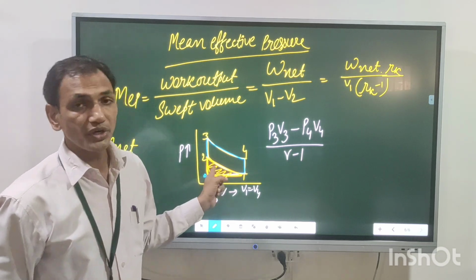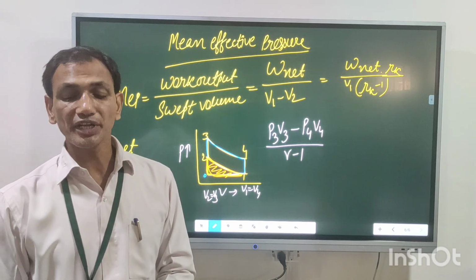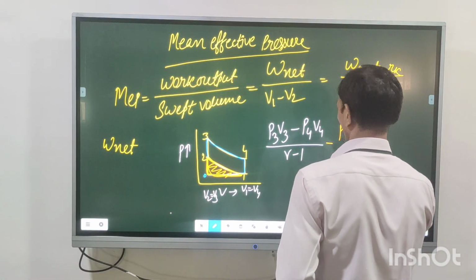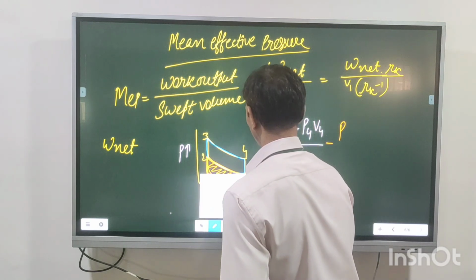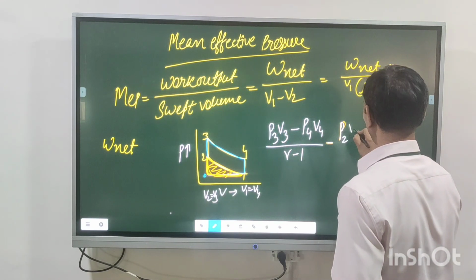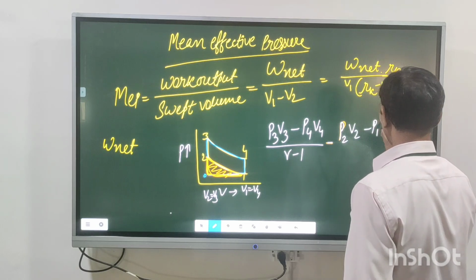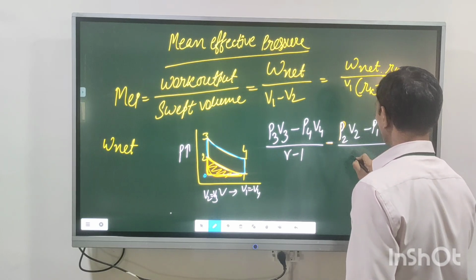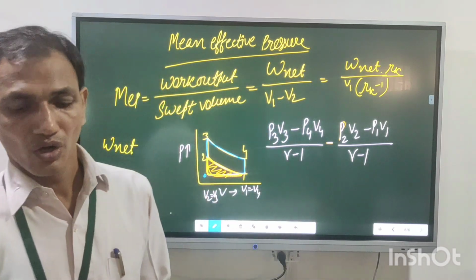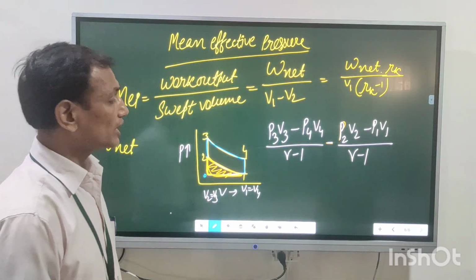Here 1 to 2 is the adiabatic compression process, so minus P2 V2 minus P1 V1 by gamma minus 1. This is the net work output, and we have to calculate this.